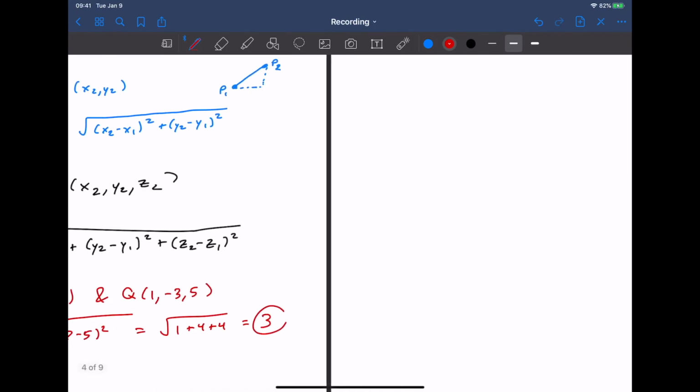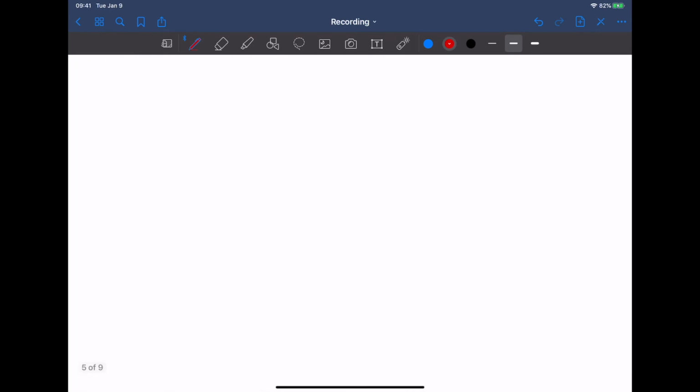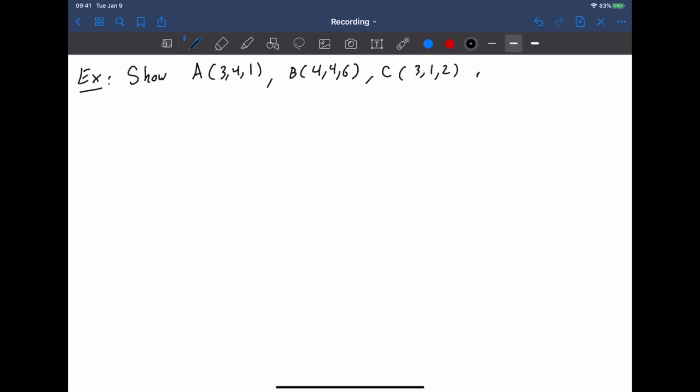A problem I like to ask on the homework is an application of this. So we'll show A at 3, 4, 1, B at 4, 4, 6, C at 3, 1, 2, make an isosceles triangle.